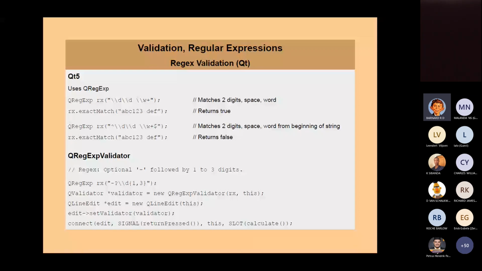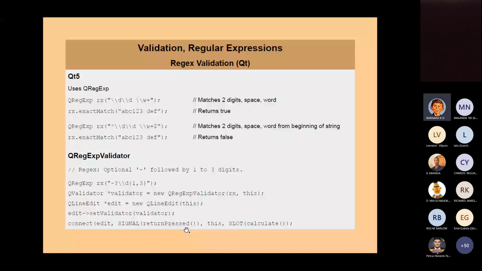Remember, this returnPressed signal is only emitted if your QRegularExpression or your validator validates the input. If the input in the QLineEdit is not valid, this returnPressed signal will not be emitted. That signal is only emitted when the input in the QLineEdit is valid.